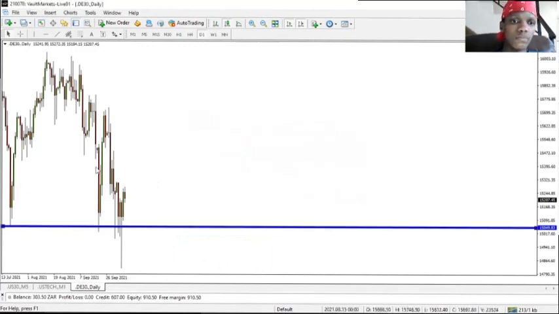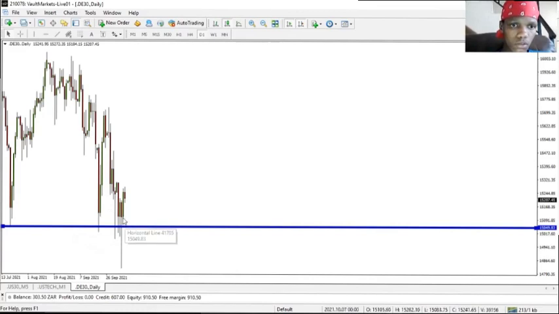So as you can see, price has been failing to break below this horizontal line, because as you can see right here is our key area. This right here is our key area.